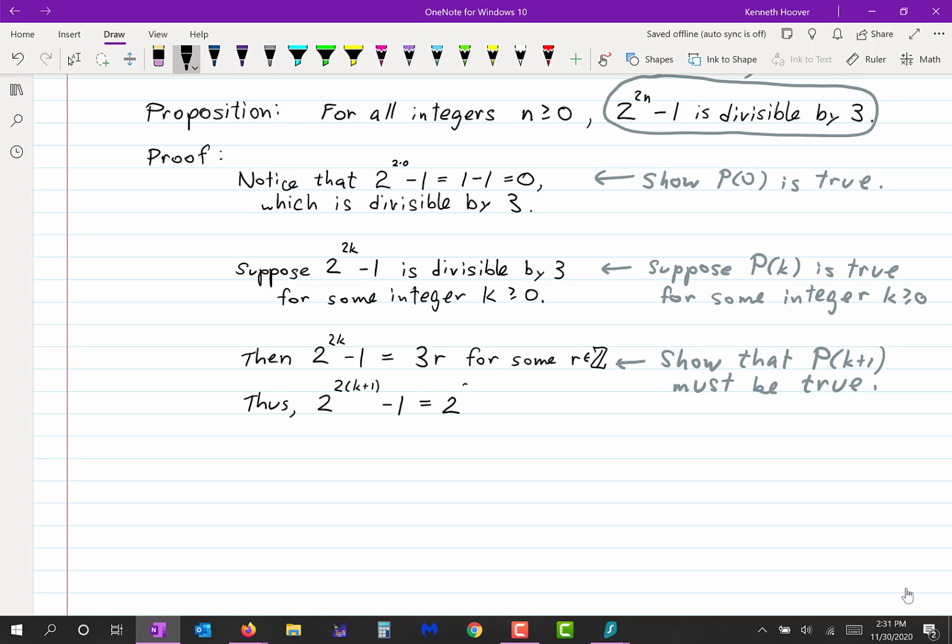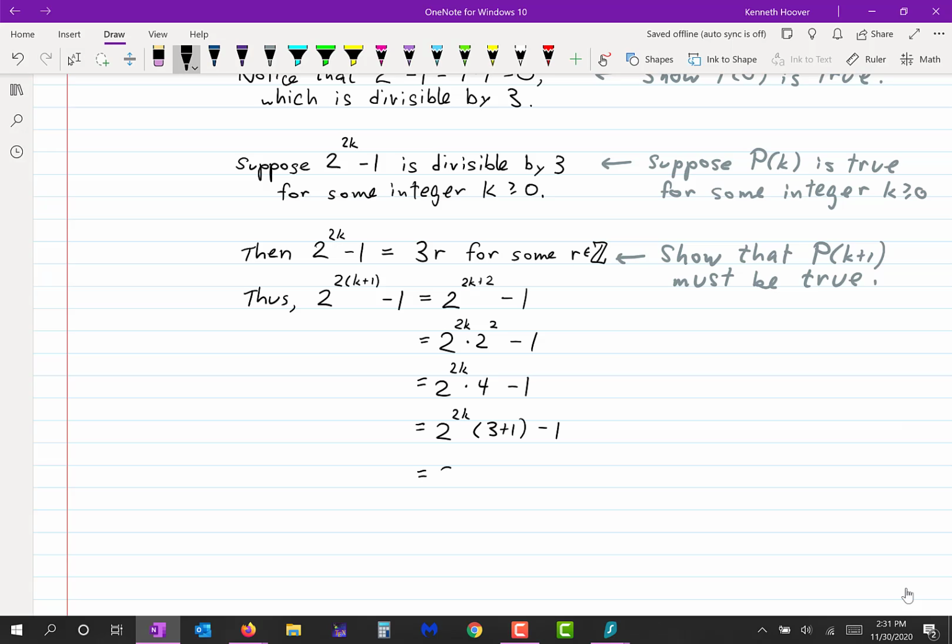Okay, that would equal 2 to the 2k plus 2 minus 1, which is 2 to the 2k times 2 squared minus 1, which is 2 to the 2k times 4 minus 1, which is 2 to the 2k times 3 plus 1 minus 1, which is 2 to the 2k times 3 plus 2 to the 2k minus 1, which equals 3 times 2 to the 2k plus 3 times r, which equals 3 times 2 to the 2k plus r.